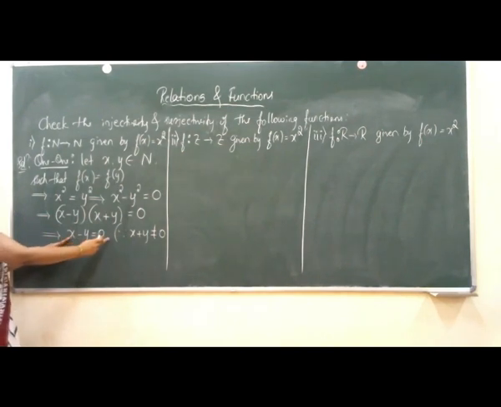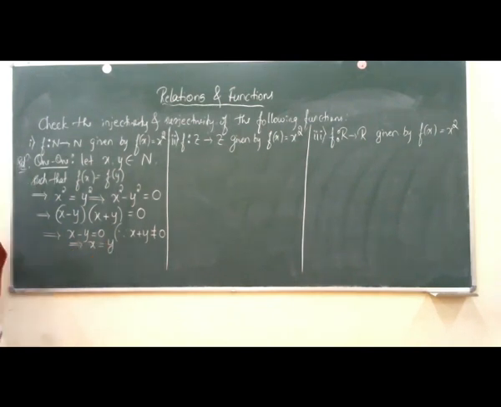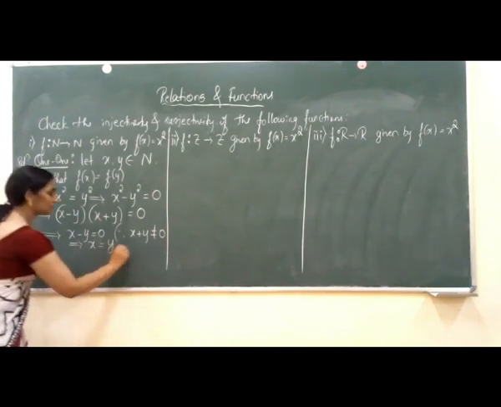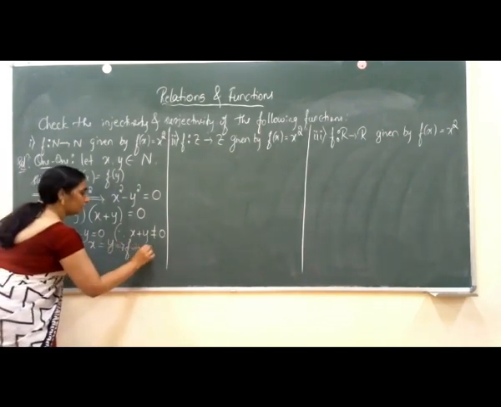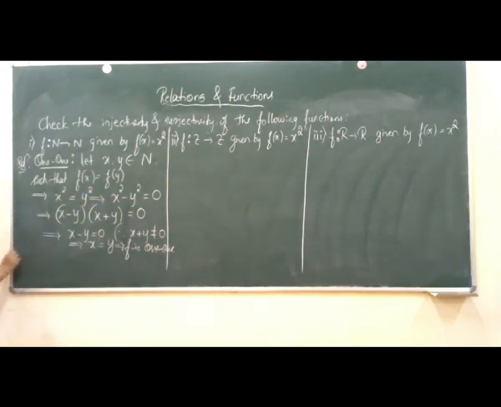So we are left with only one condition, that is x minus y equal to 0, which implies x is equal to y. So the function is one-one, f is one-one.